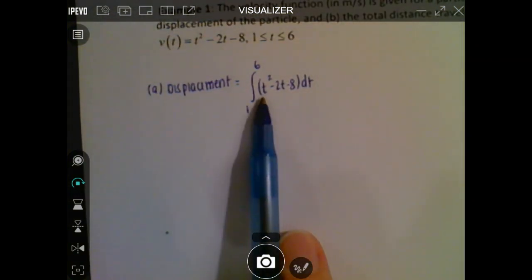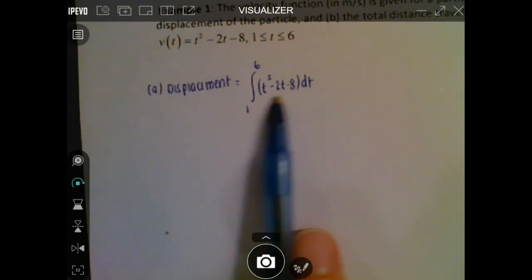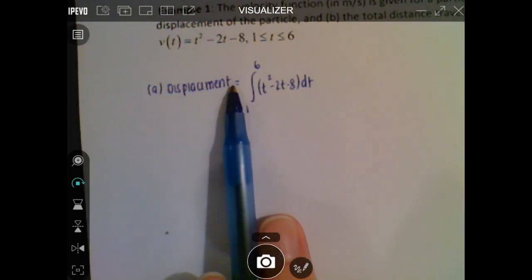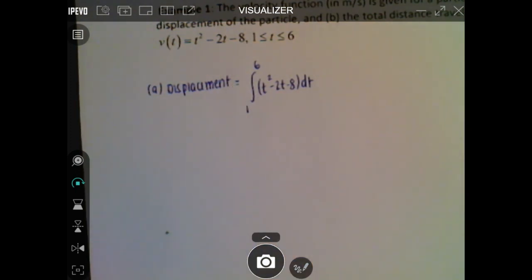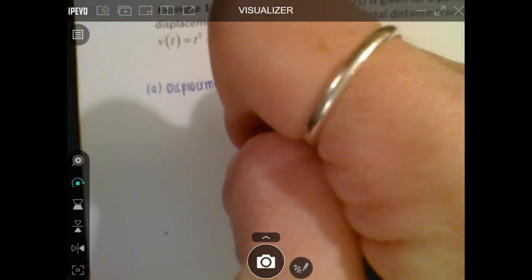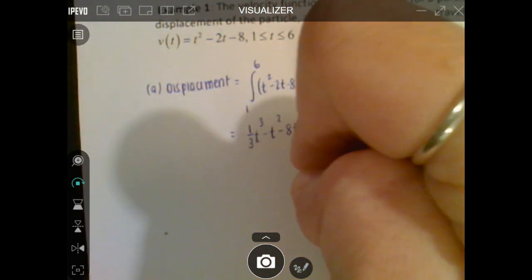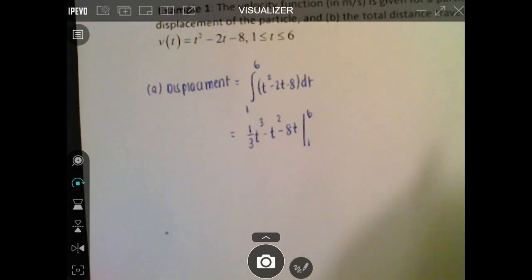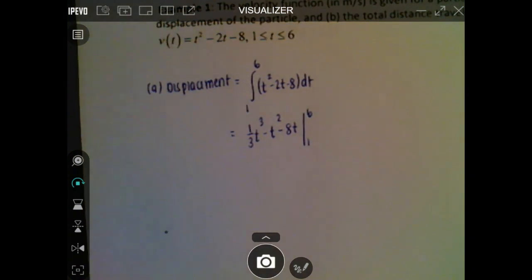And this is basically asking me to use part 2 of FTC. I need to find the antiderivative of this, and then I'm going to evaluate it from 1 to 6. So it looks like my antiderivative here is going to be 1/3 t cubed minus t squared minus 8t, evaluated from 1 to 6.